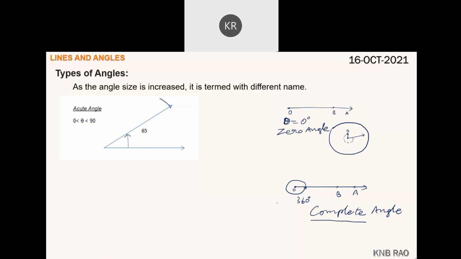When angle is 360 degrees, it is called complete angle. Can an angle be more than 360 degrees? Yes. The minute hand rotates 360 degrees in 1 hour. If it keeps moving, the next hour starts.